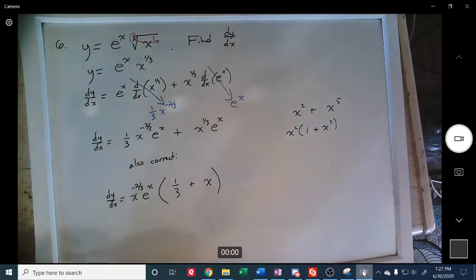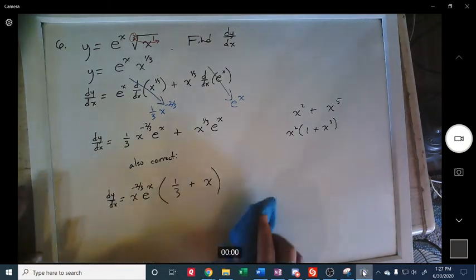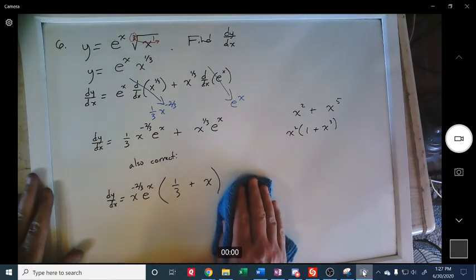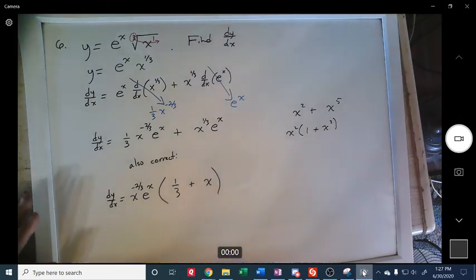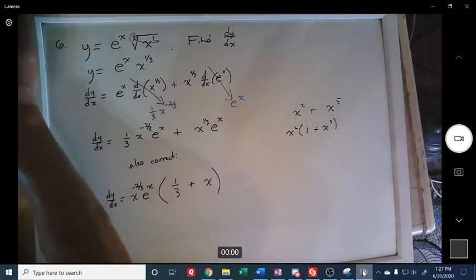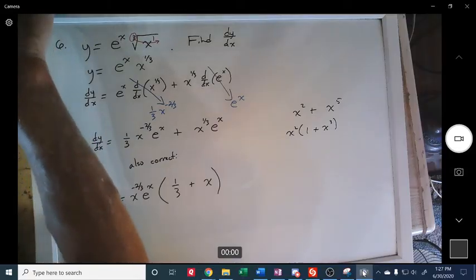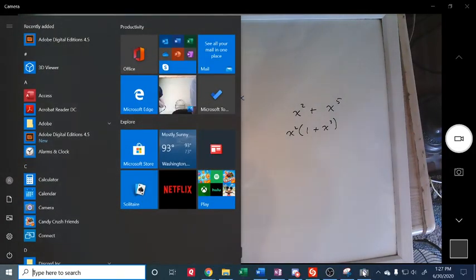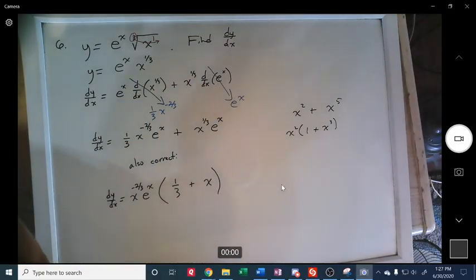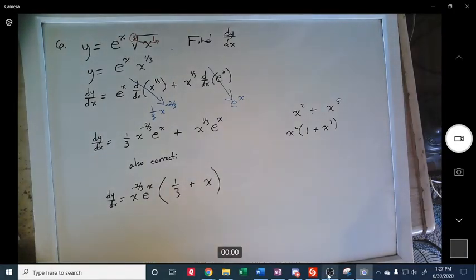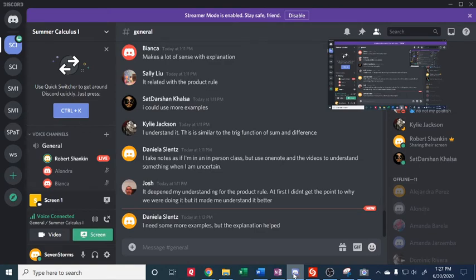All right, let's do another quick one, and then we have to go to the quotient rule. All right, let's print screen. Okay, and then stick it in here.